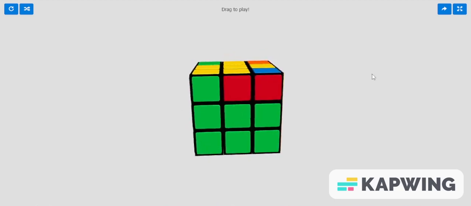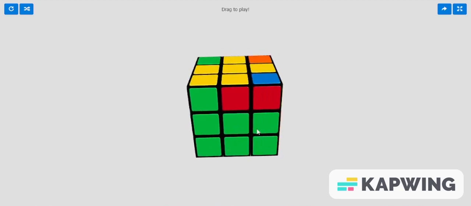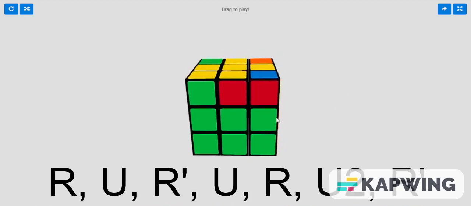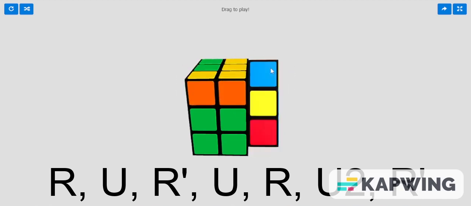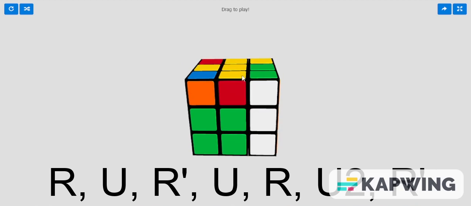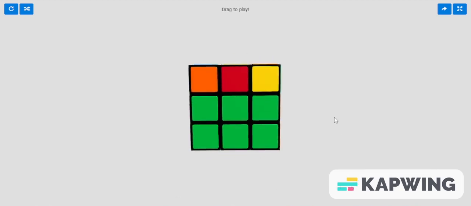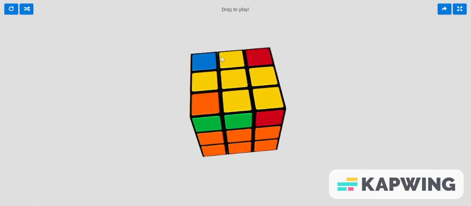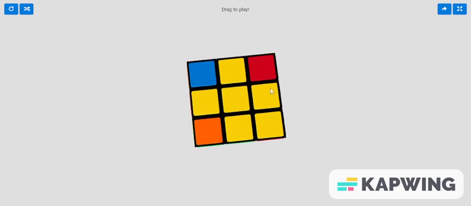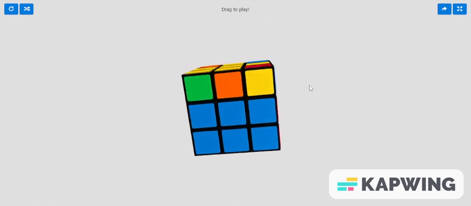So now you will just follow another algorithm which is R U R prime U R U2 R prime. Once you do this, you will have your full yellow face. But mine didn't work, so I will try it once more.